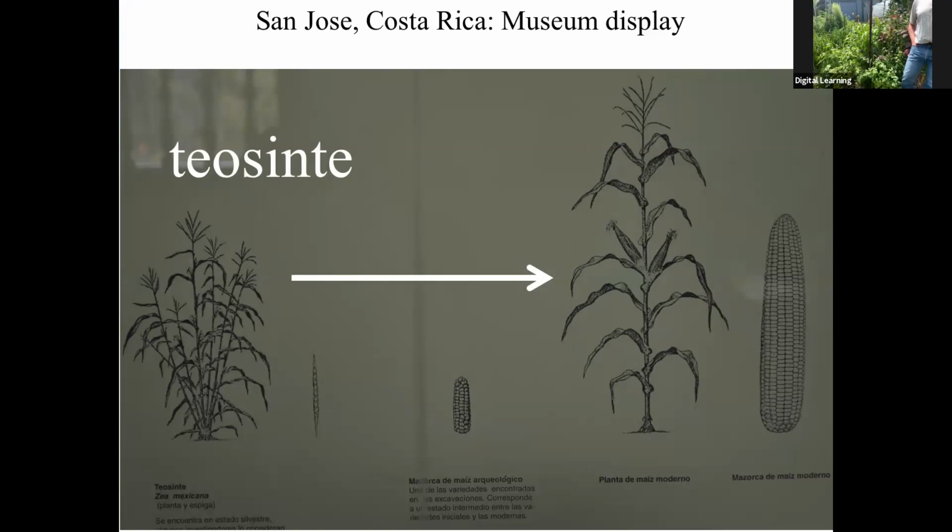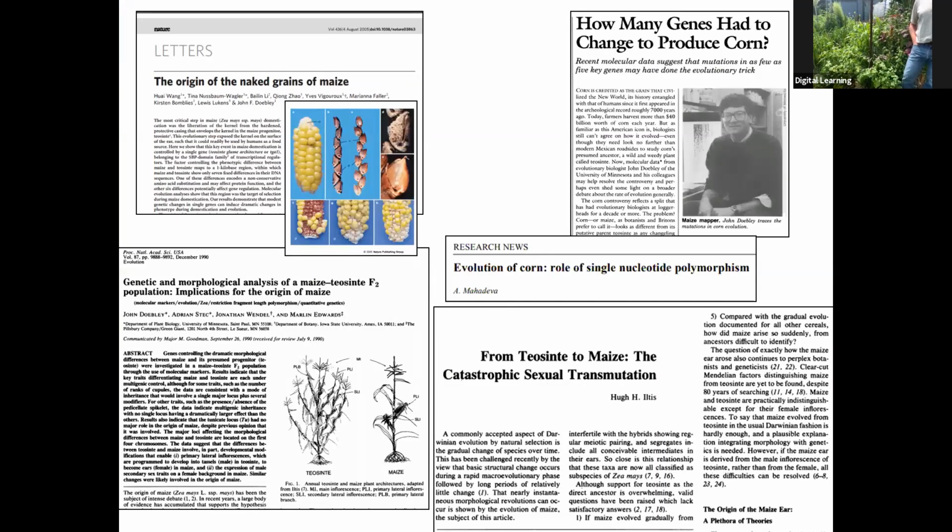But in the following slide there, Chris, which has just headlines from a bunch of articles, you'll get a sense of how complicated it has been to understand how that wild plant called teosinte became our domesticated corn. Many a PhD thesis and lots of debate. And it's really taken a lot of effort.